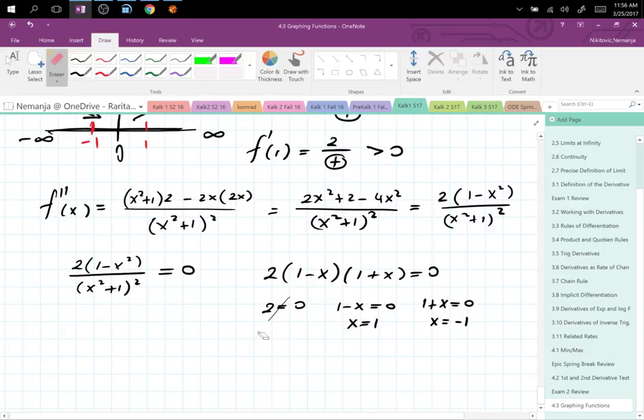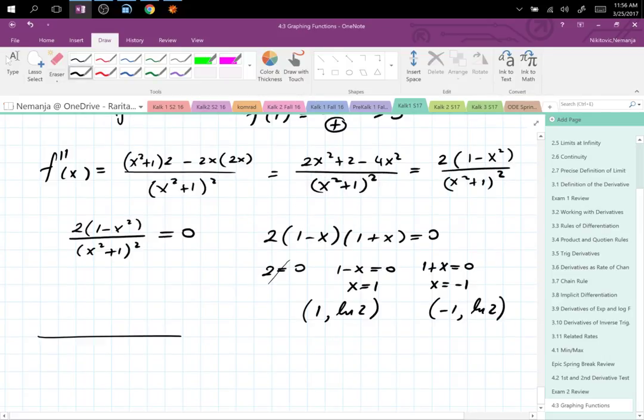So we have two inflection points now, which are 1, ln 2 and negative 1, ln 2. Partitioning for the second derivative test from negative infinity to positive infinity is done. We have negative 1 and 1 as the important points, and then we find the values in between.